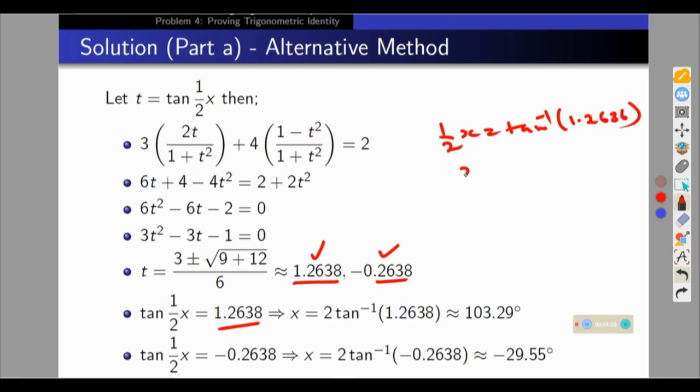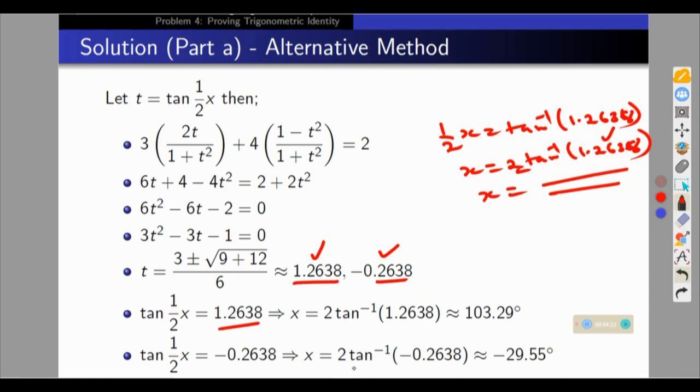So which means your x is 2 tan inverse of 1.263638. So from there, you can easily get the value of x, get this from the calculator, multiply by 2, and you will be able to get the required answer.